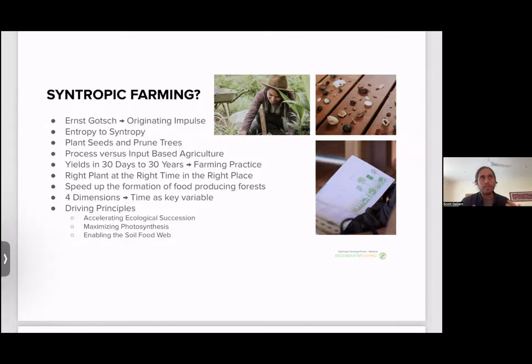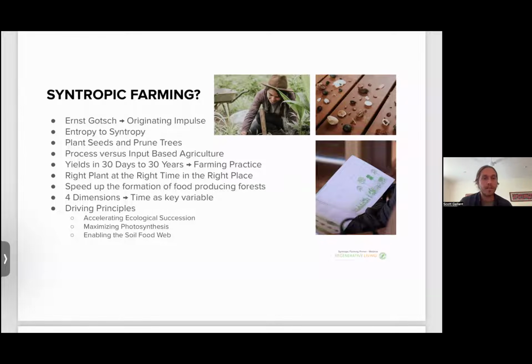In a process-based agriculture, we're trying to leverage the ecological processes that happen on the land to do all of that work for us. And you'll see at the bottom of the slide here, the processes that we're working with in syntropic farming are ecological succession, photosynthesis, and then the whole beautiful chaos mystery that is the soil food web. We're really trying to leverage all of those things together.